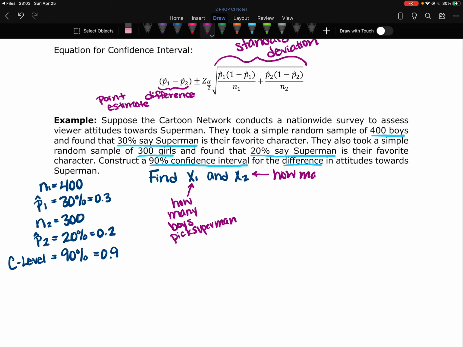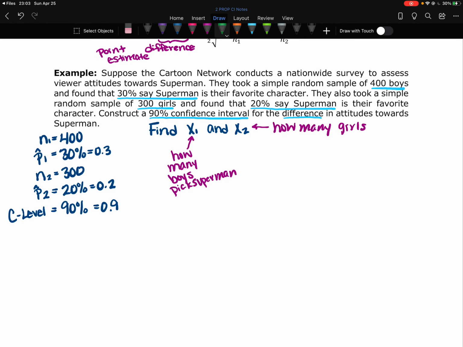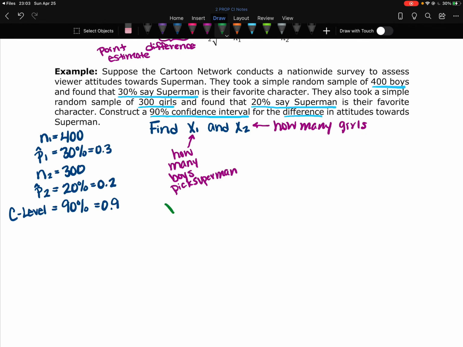To find X1, I'm going to take the number of boys that I surveyed times the proportion that picked Superman.